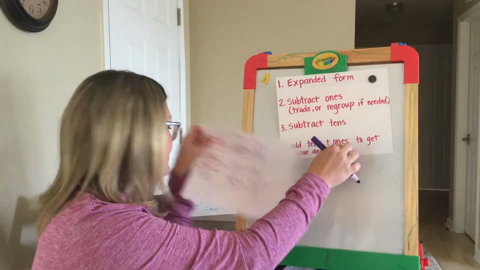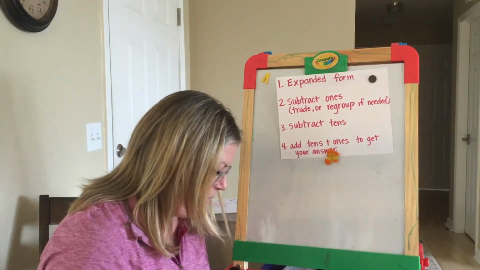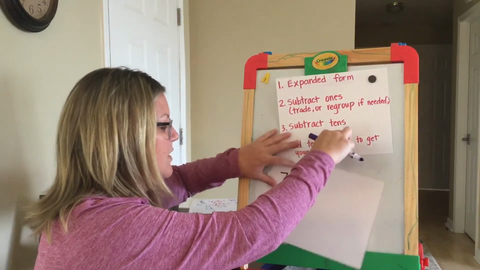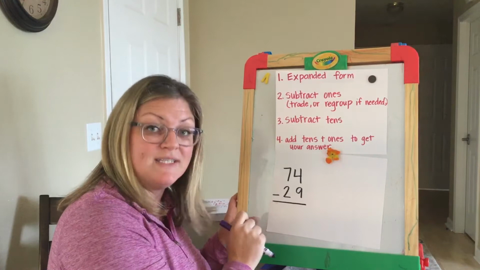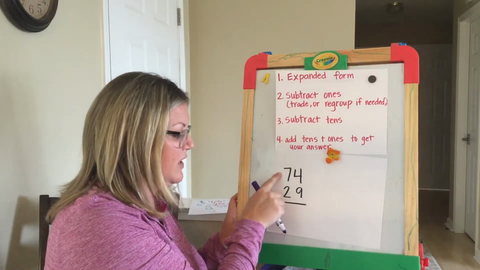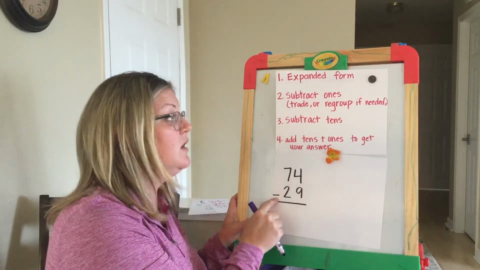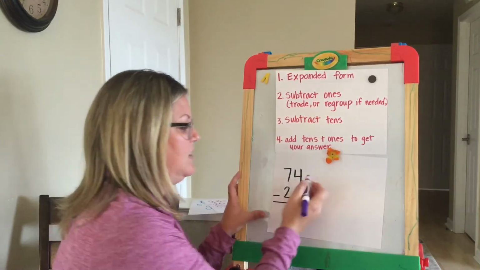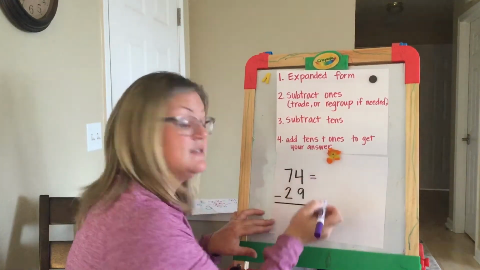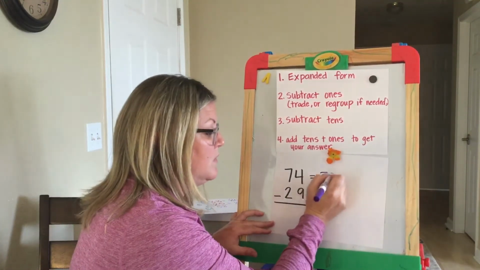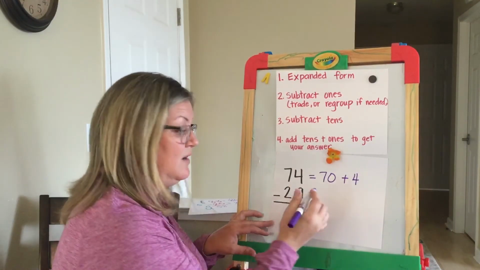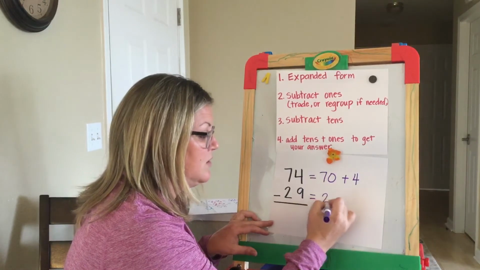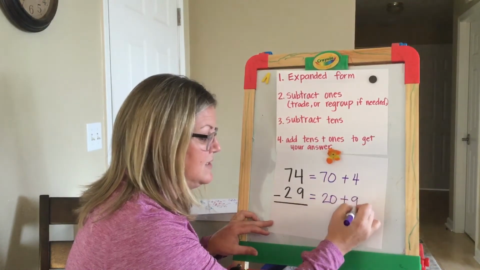Let's look at another example. Let's work on this one. 74 minus 29. So I have 74 things and 29 are going away. So let's start by writing it in expanded form. 74 is the same thing as 70 plus 4. 29 is the same thing as 20 plus 9.